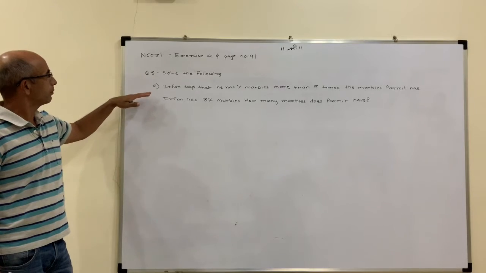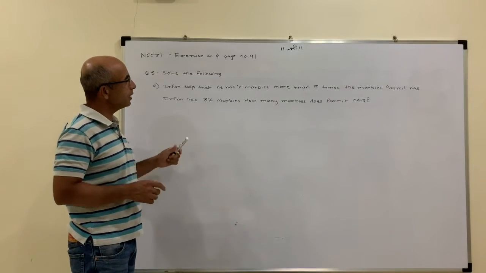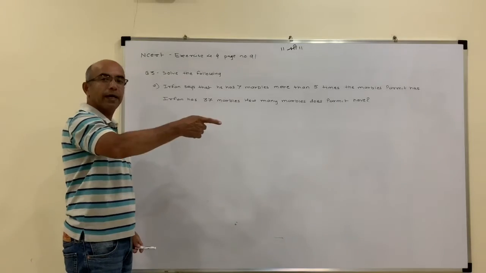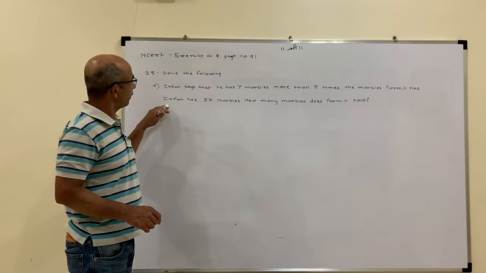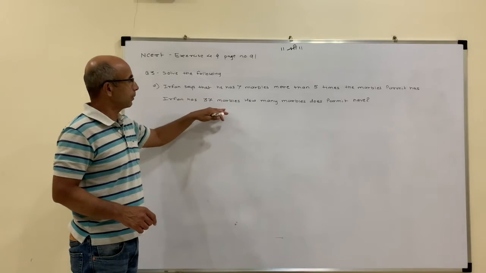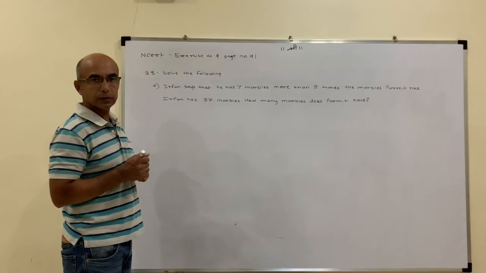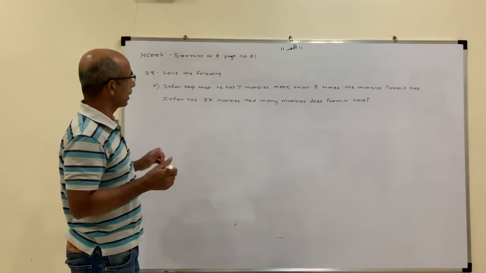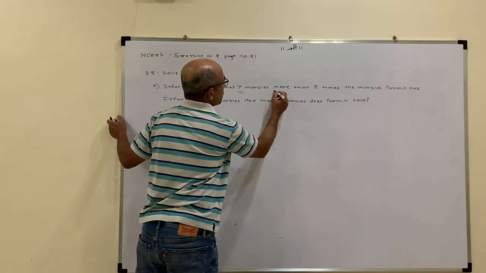Solve the following. A. Irfan says that he has 7 marbles more than 5 times the marbles Paramit has. Irfan has 37 marbles. How many marbles does Paramit have? We need to understand and underline the important lines. Irfan has 7 marbles more.